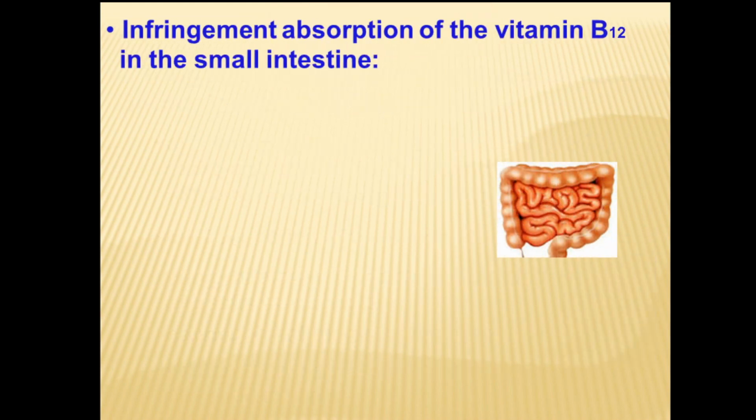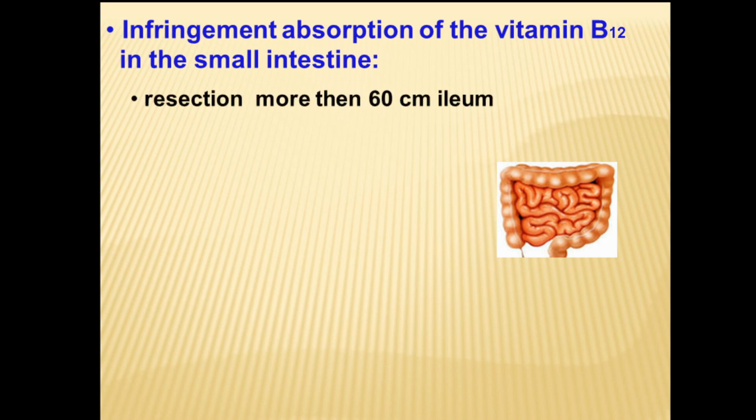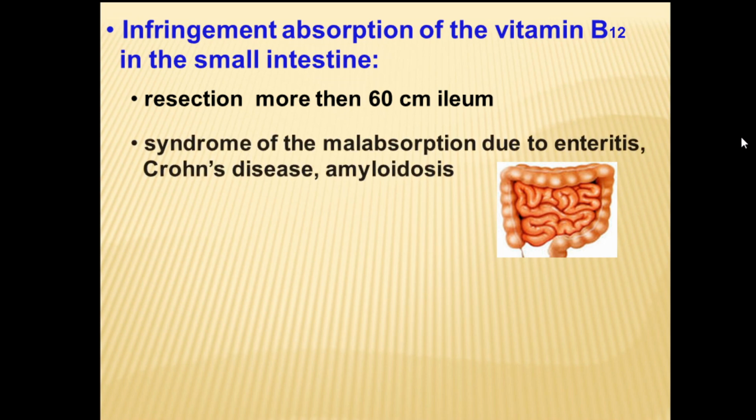Another problem is the small intestine, because final absorption of B12 occurs in the small intestine, and resection of more than 50 centimeters of ileum may be severe for the patient and provoke vitamin B12 deficiency anemia. We must remember some specific diseases of the small intestine, such as Crohn's disease and amyloidosis, because problems with the small intestine clinically manifest as malabsorption syndrome.